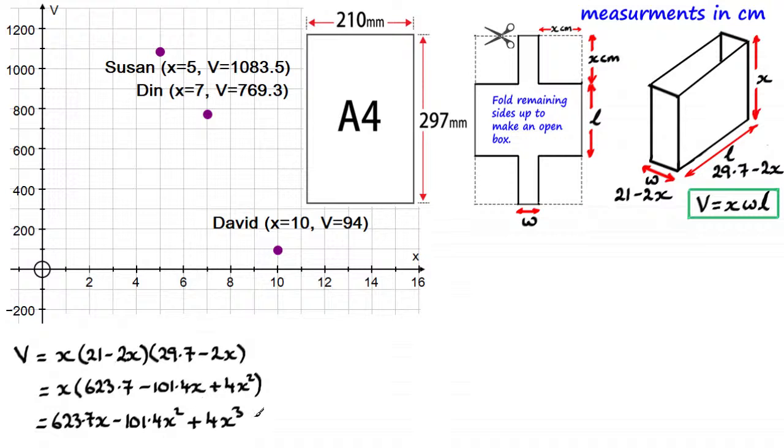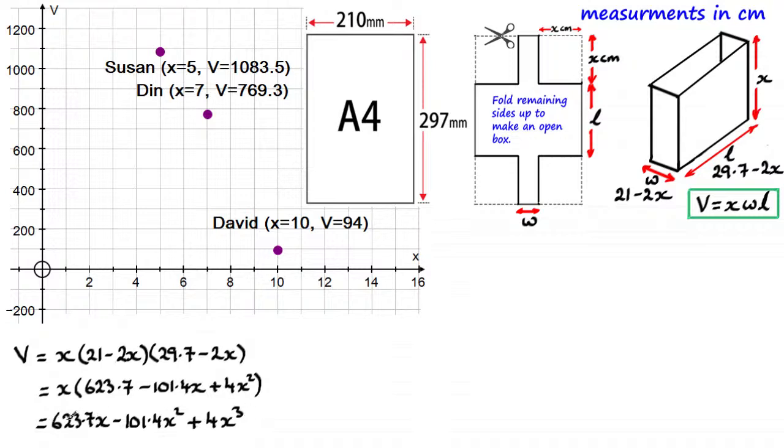623.7x minus 101.4x squared plus 4x cubed, just in case you can't see that. Okay, so what does this allow me to do? It allows me to graph this curve.